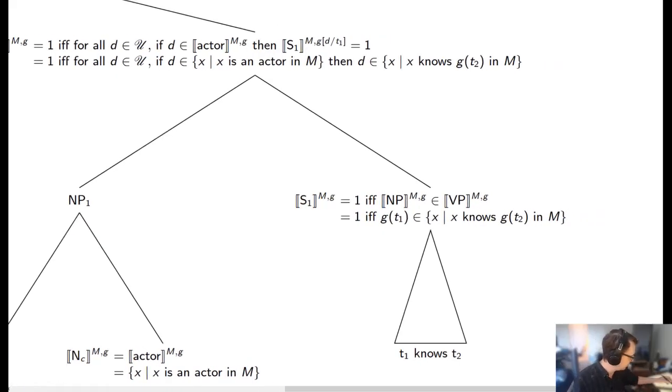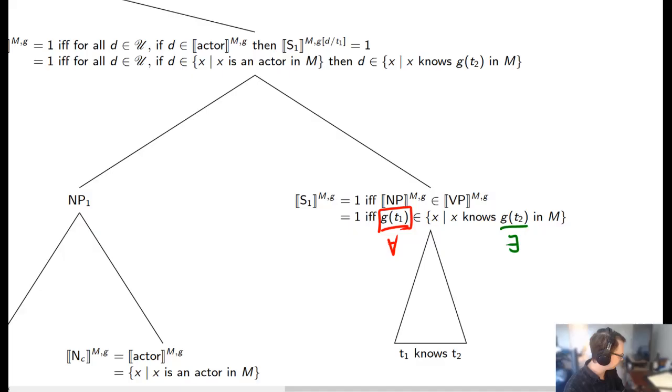T1 knows T2, it's true if G of T1 knows G of T2. In this case, we're going to find that G of T1 will be substituted first because this is the for all, the universal. And then G of T2, our existential, will be bound second.